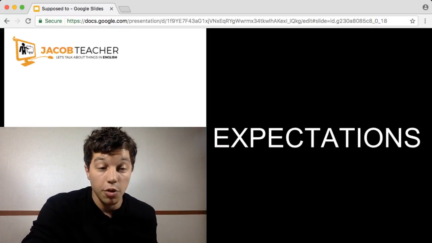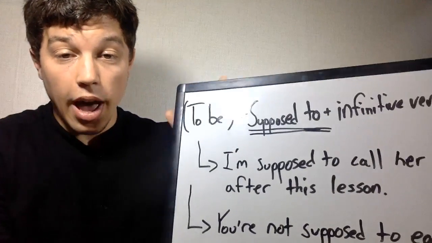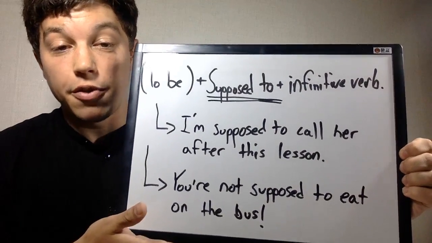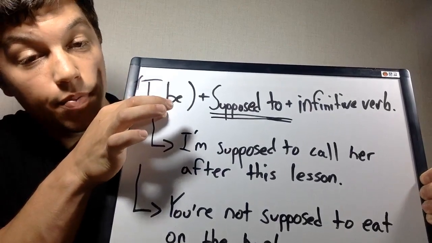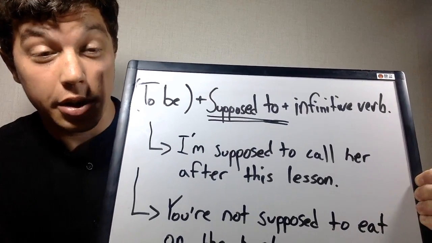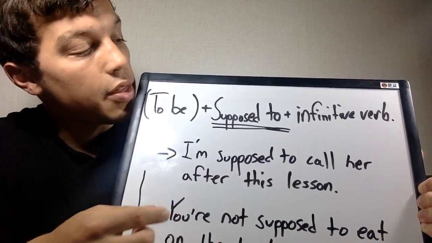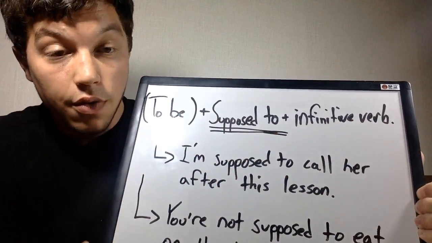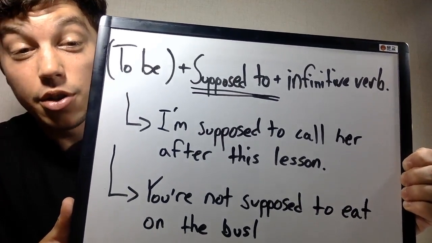And actually, before we look at the PowerPoint, I want to look at how this is formed most of the time, at least the way we're going to be talking about it today. We're going to have some form of the verb to be, and then plus supposed to, and then plus the infinitive verb. The infinitive verb just basically means the verb without to in front of it.